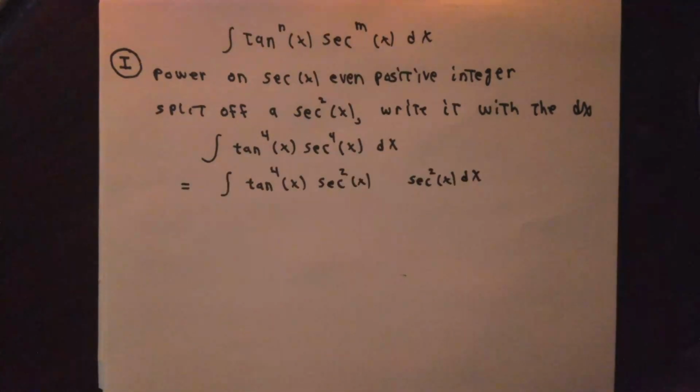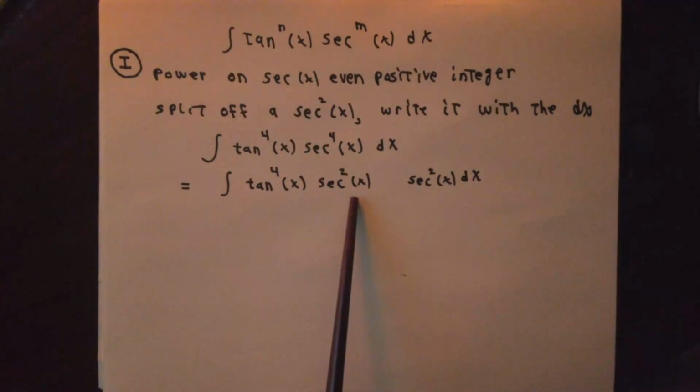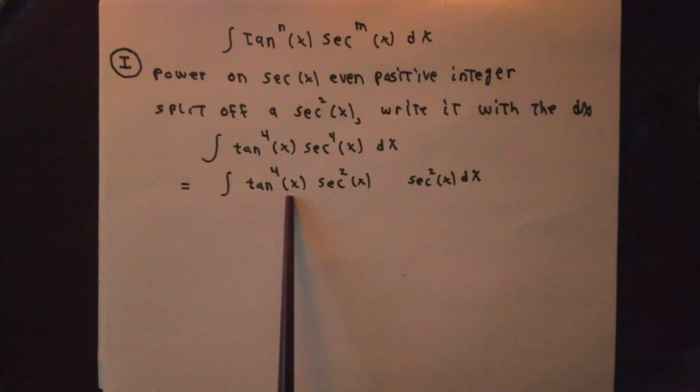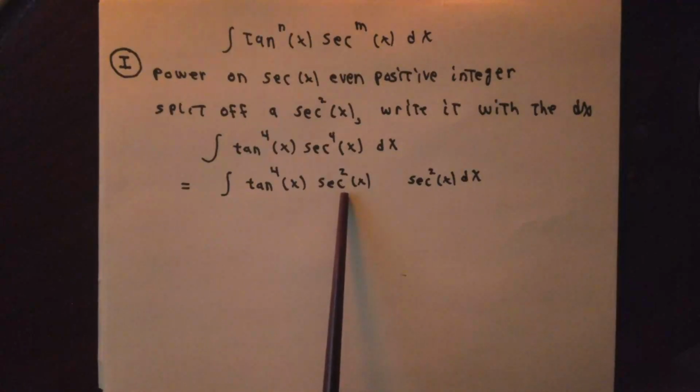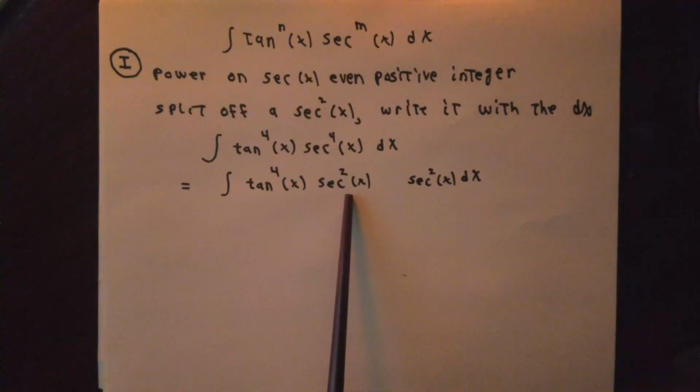As we just explained, if this factor were not here, I just do a u substitution where u is equal to tangent of x. I'm going to use my trig identities to express this factor in terms of tangent, and then I should be able to do the integral fairly easily with the u substitution.